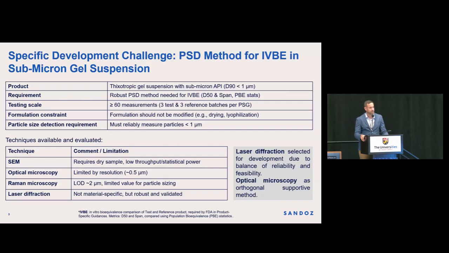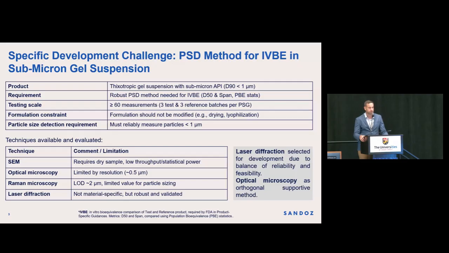Still, out of the available methods, what was considered? Electron microscopy was out of the question, because we would really have to manipulate the sample, and also in terms of statistical power, it's hard to collect enough data. With optical microscopy, we are limited by spatial resolution, meaning that even at 0.5 microns, considering this is probably the median of our range, it's not good enough.